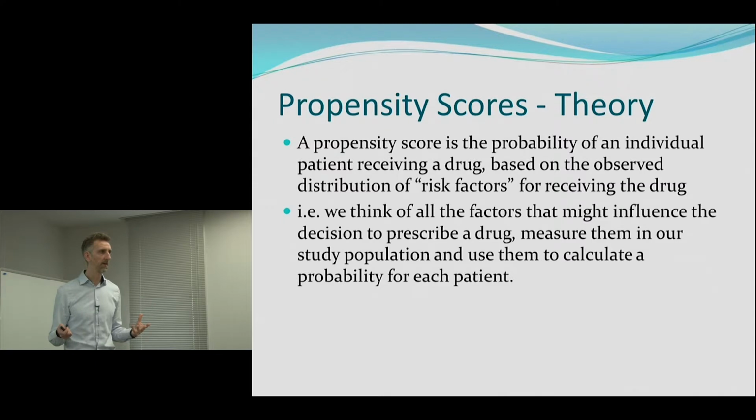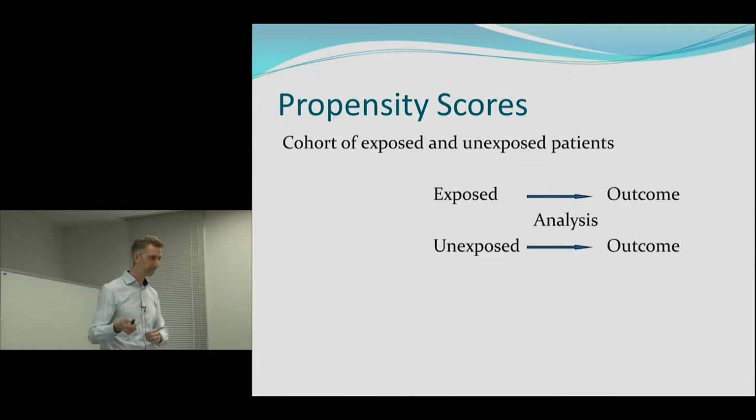Well, we start by thinking about what are the factors that might influence the decision to prescribe a drug for a patient. And we use that to calculate a probability for each person. Now, ultimately, the research question that we will be interested in is going to be something to do with an exposure.